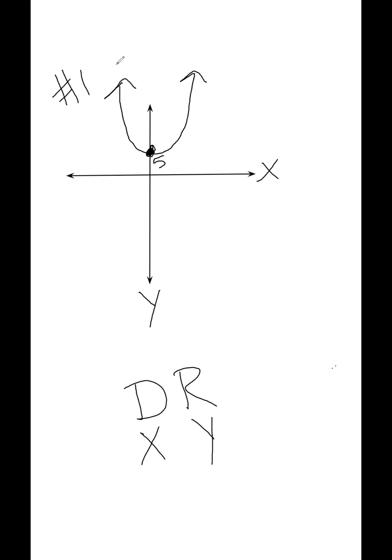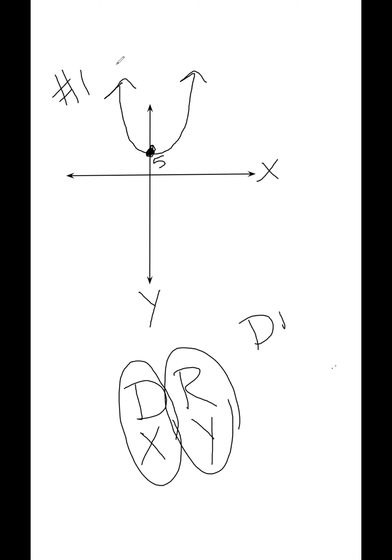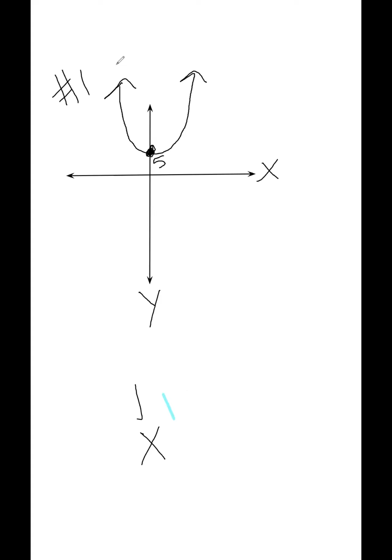D comes before R, X comes before Y. So domain is our X value and range is our Y value. The other way you can remember it is Dr. X, Y. Kind of the same thing. It's just whatever you need to do to remember whatever's X and whatever's Y. So domain is X, range is Y. I'll keep reminding y'all throughout this presentation.